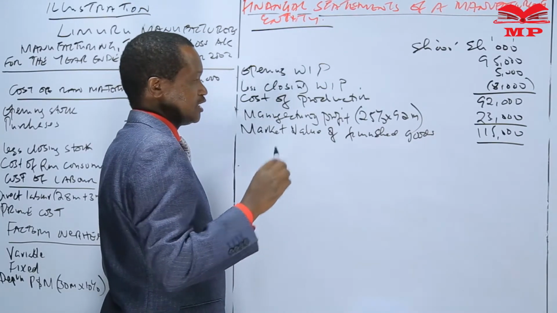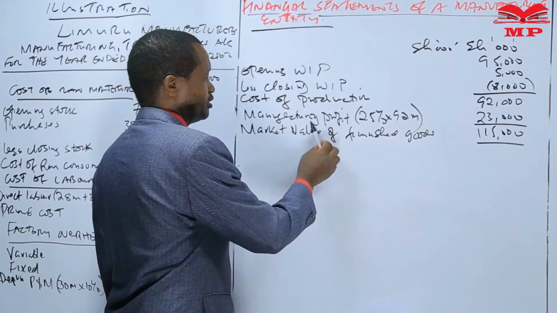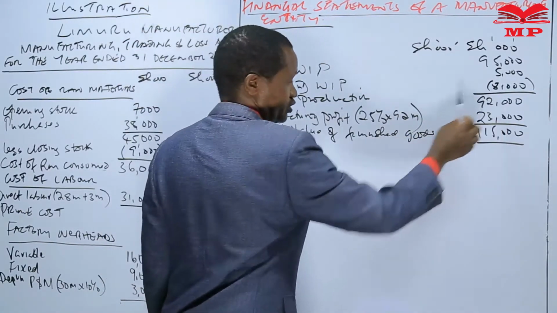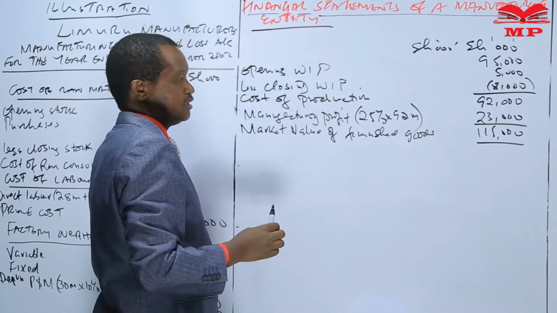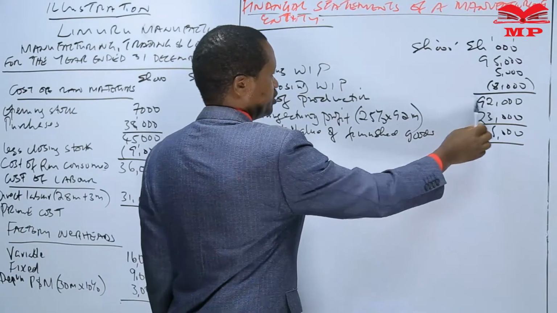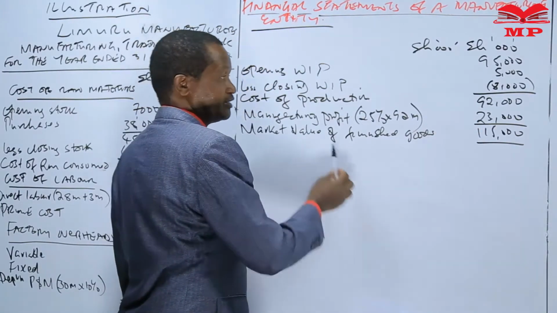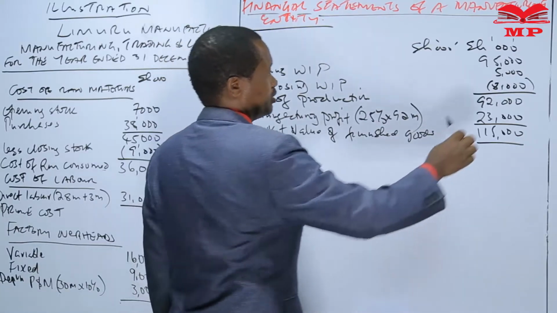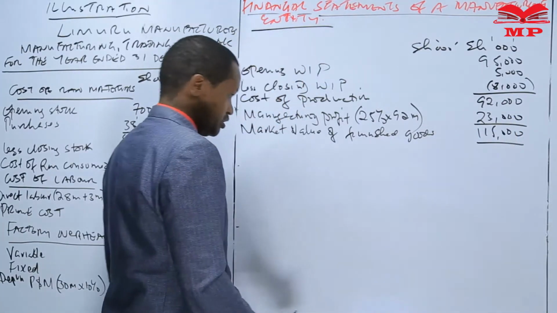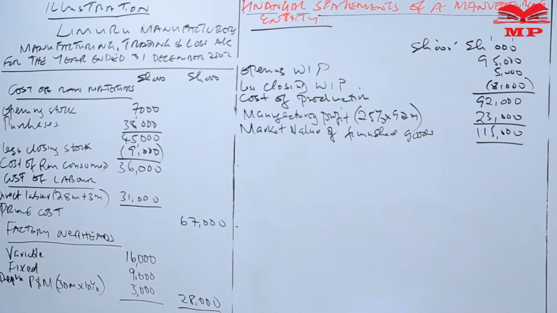There are those companies which do not add the manufacturing profit to the production cost. This company's policy is to add 25% of the cost of production to get the market value. Other companies simply work with the 92, which is the cost of production.